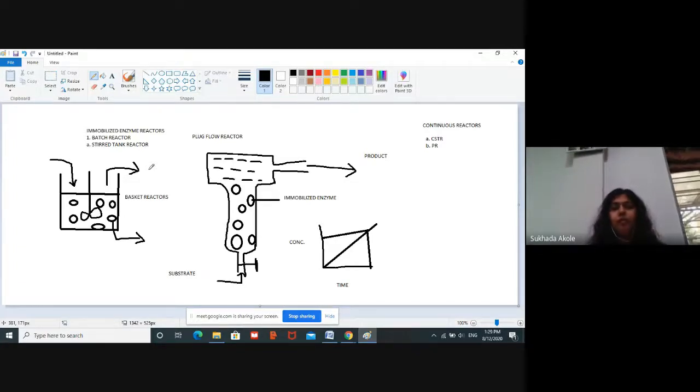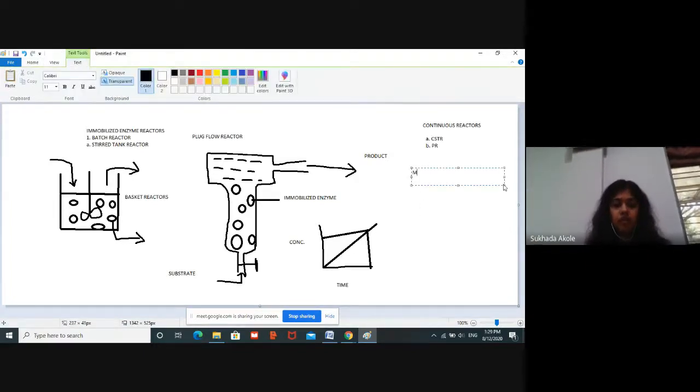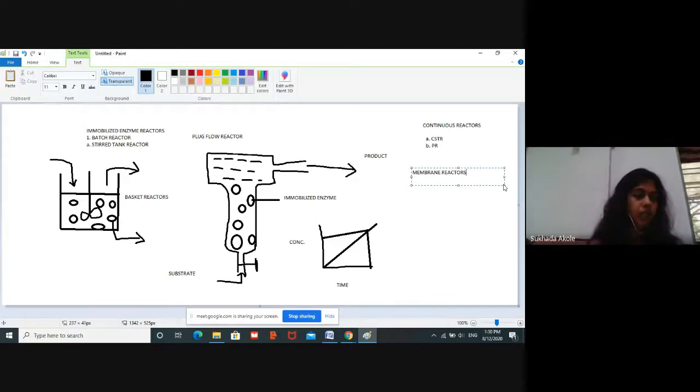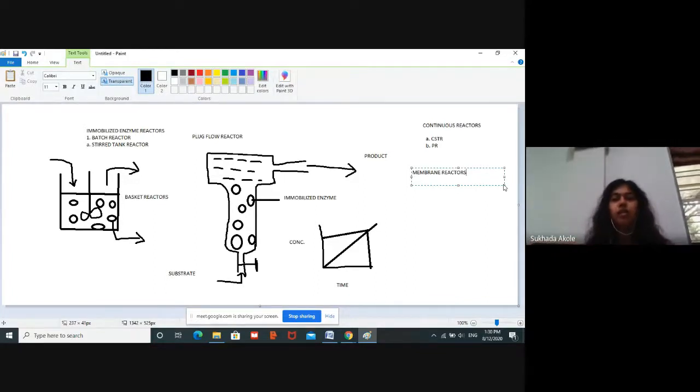Now another type of reactor that we have is called membrane reactors. There are several types of membrane reactors available, and their types depend upon the composition of the membrane that has been used.